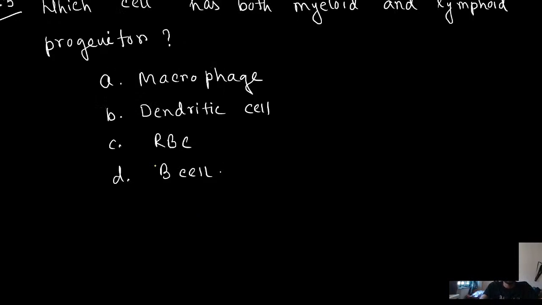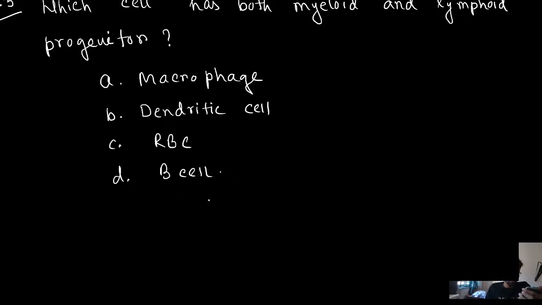Chalo, question number 3. Which cell has both myeloid and lymphoid progenitor? Macrophage, dendritic cell, RBC, and B cell. Hello, Kes.